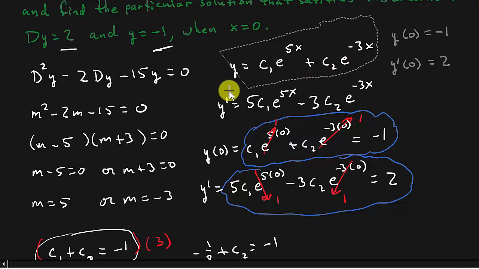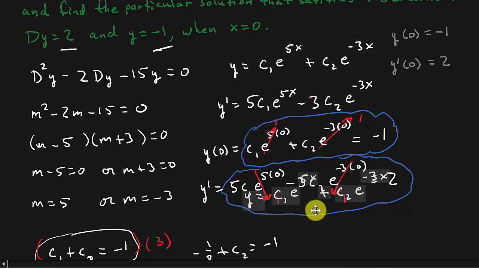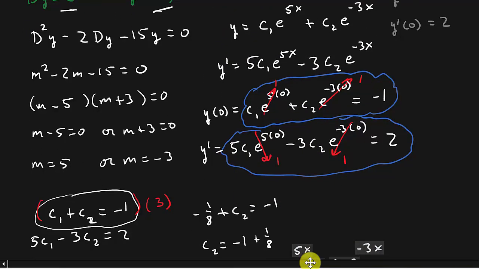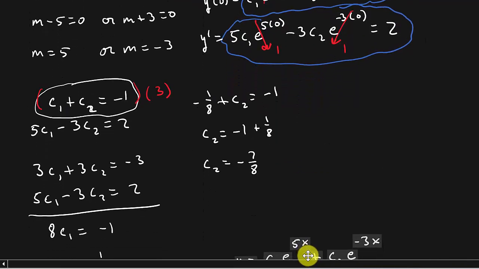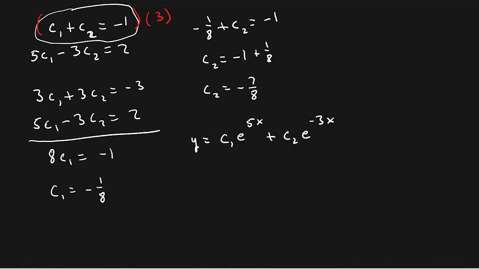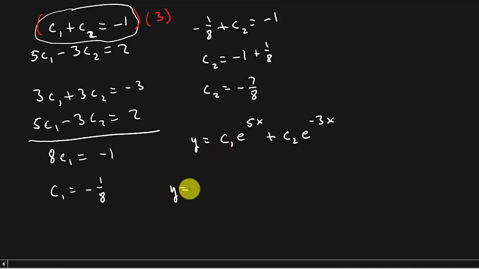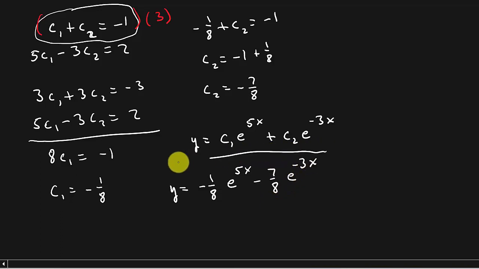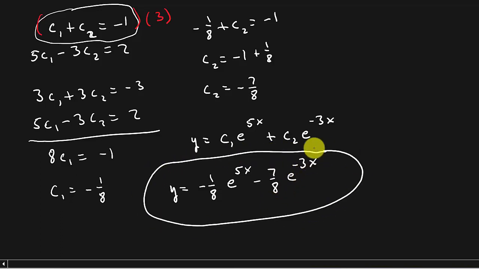This is y. So I'm going to take that and bring it down here so we can see it. All right, so there's my solution. That's y. And so now I'm just going to plug -1/8 in for C1 and -7/8 in for C2. So I get y equals -1/8 e to the 5x minus 7/8 e to the -3x. And there's my particular solution.